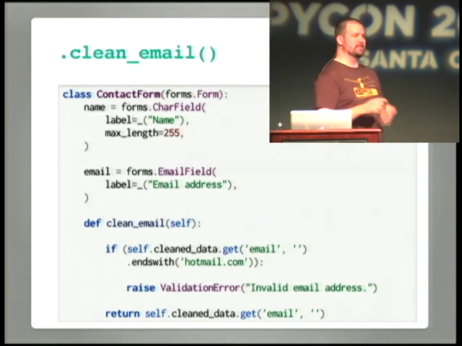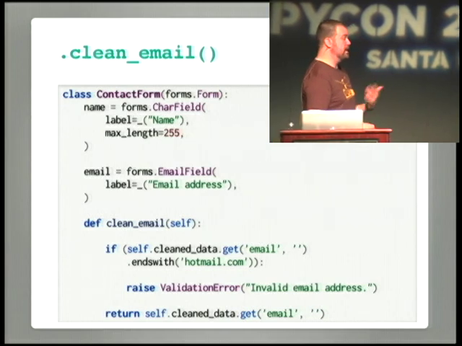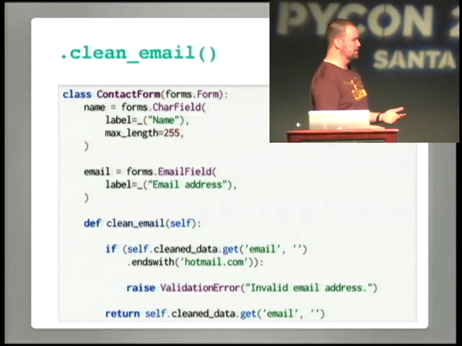Cleaned data is the dictionary that gets constructed as validation occurs, and the values are processed. They get added into this dictionary. I check if it ends with hotmail.com, and if it does, I raise this validation error. Then at the end, if I get all the way through here, I still have to return the actual value from the dictionary. And this is what winds up in cleaned data for the next step.